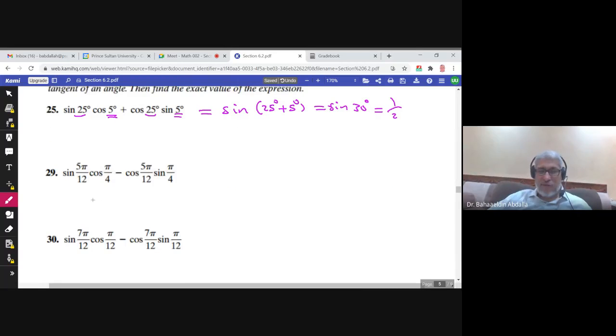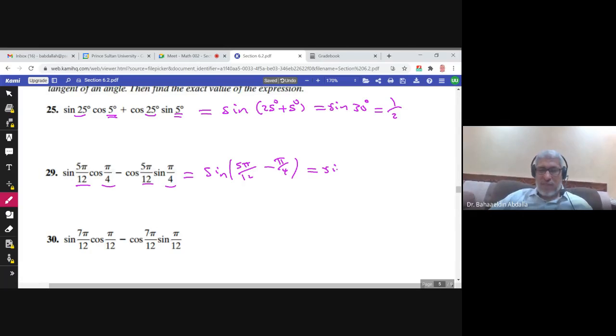What about this one? You have 5 pi over 12, 5 pi over 12, this is alpha, beta pi over 4, pi over 4, cosine sine minus cosine sine. So this is sine alpha minus beta. So sine of 5 pi over 12 minus pi over 4.